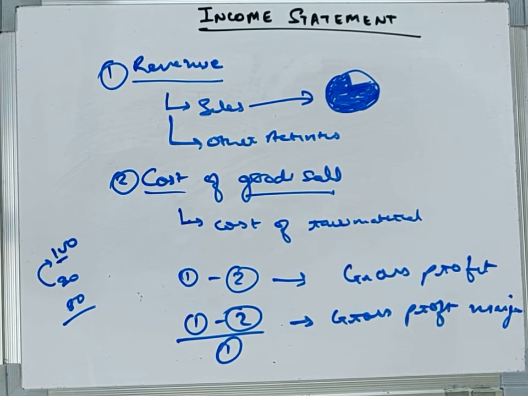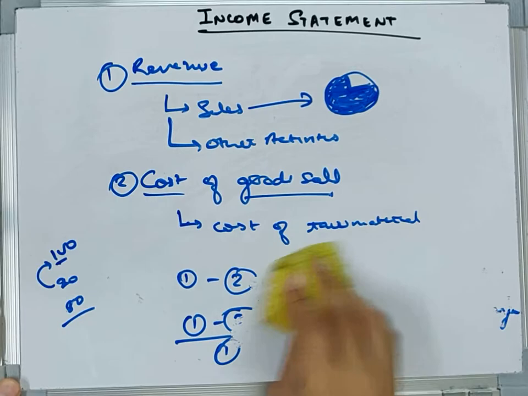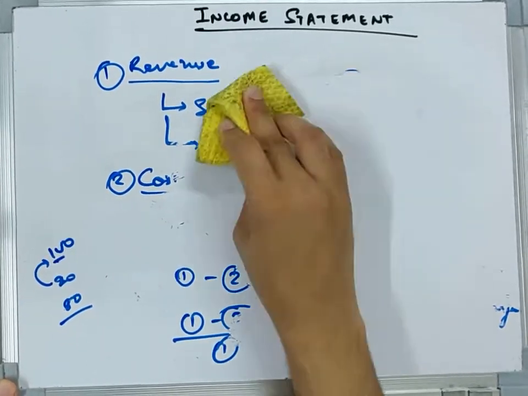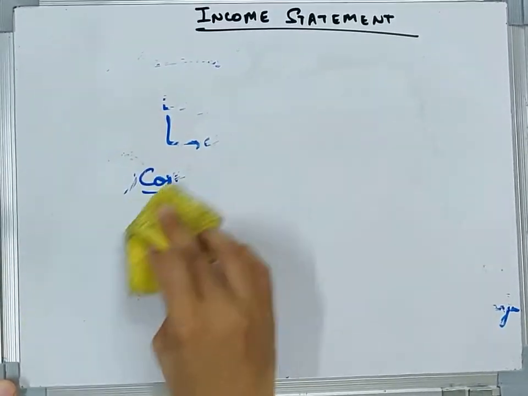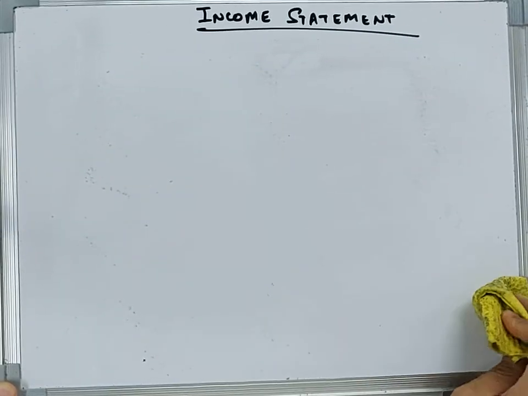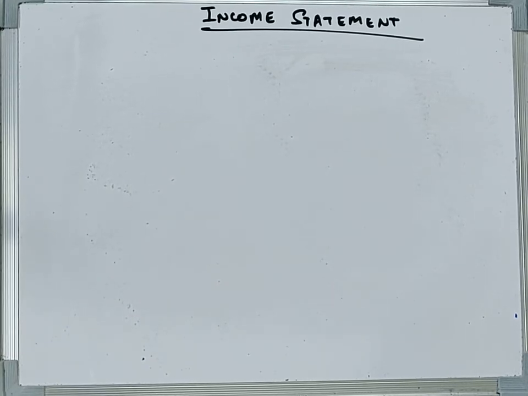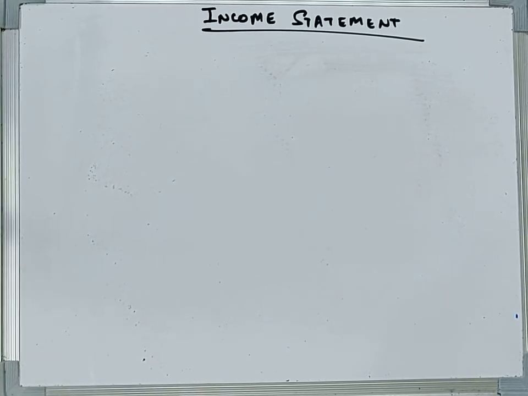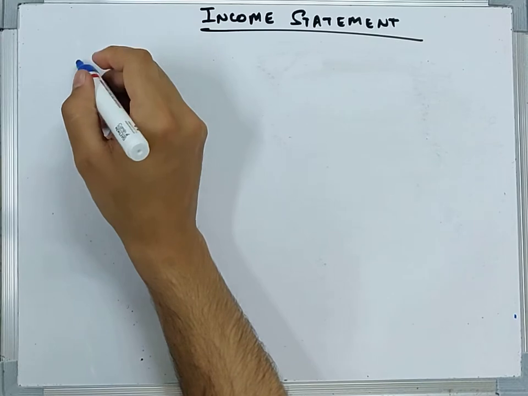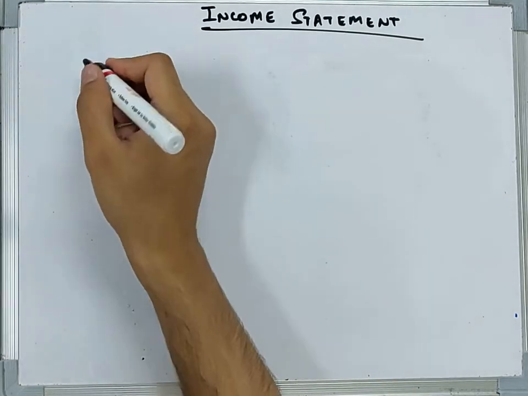The next level is operating expenses. Now, operating expenses would require your selling, administrative, general expenses, labor costs, all of these.